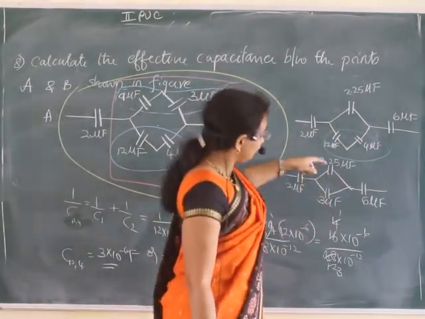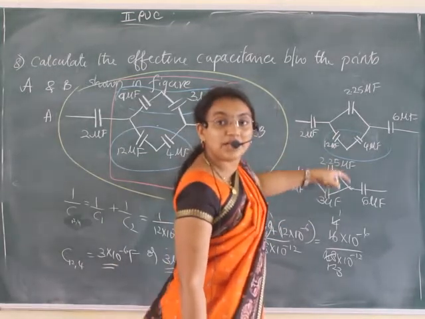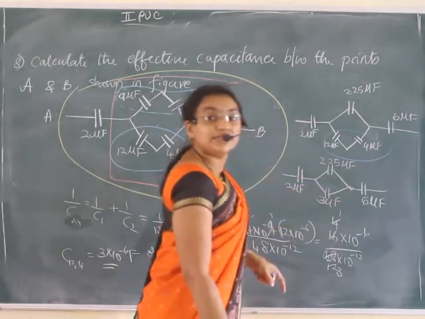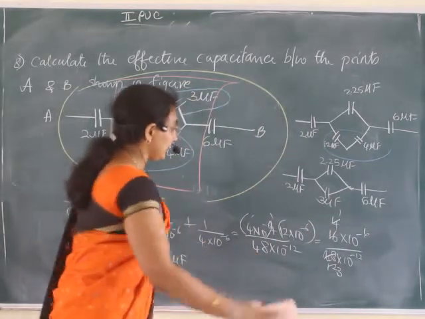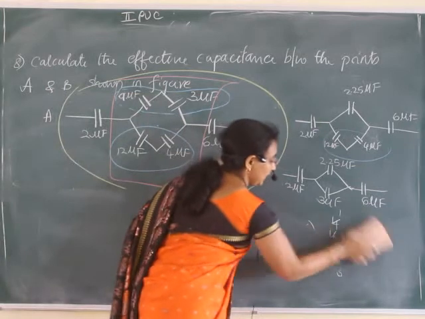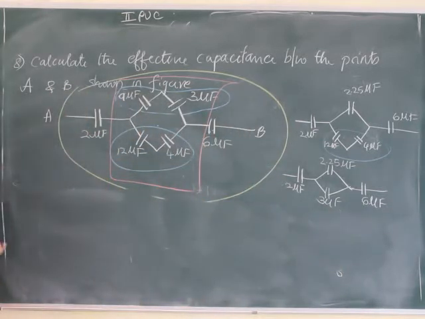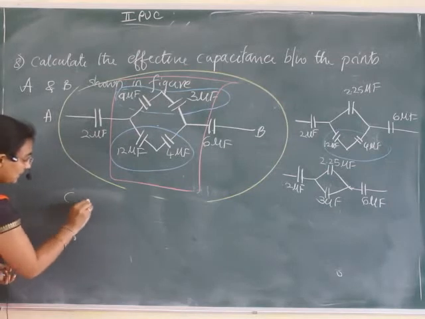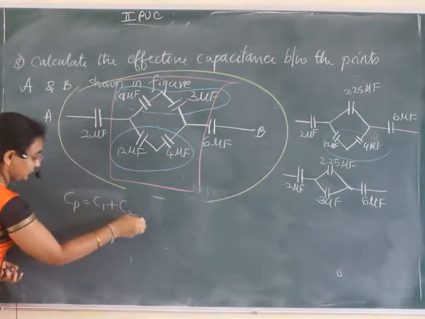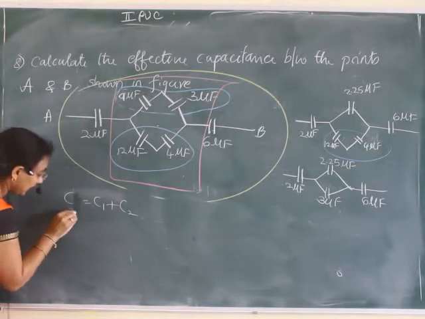Now what I should do? These two we will see. These two are in parallel. Since it is in parallel, now I can say, see here, the connection is, what is the formula for parallel? CP is equal to C1 plus C2, correct? Now in the place of CP, which one and all? 2.25 and 3.